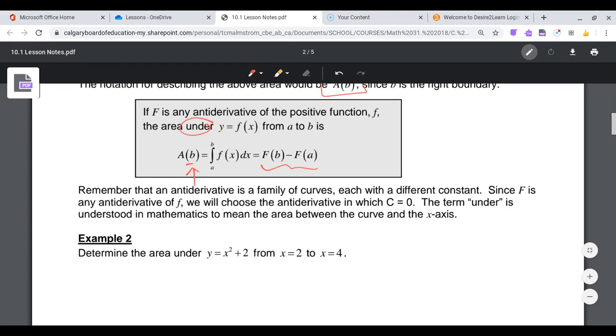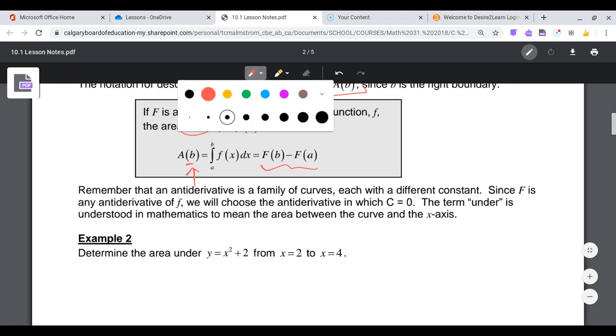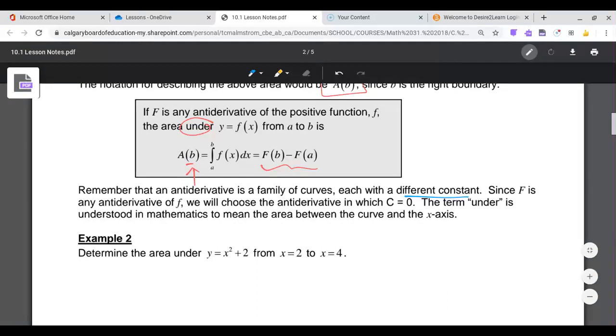Okay, so there's a couple of key things about this. First of all, remember that the antiderivative is a family of curves, each with a different constant. Since F is any antiderivative of little f, we can choose to use the antiderivative where c equals 0, or like we just saw in the previous question, you end up with F of b plus c minus F of a minus c.